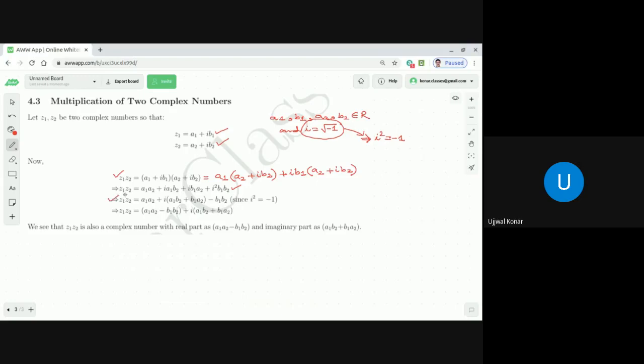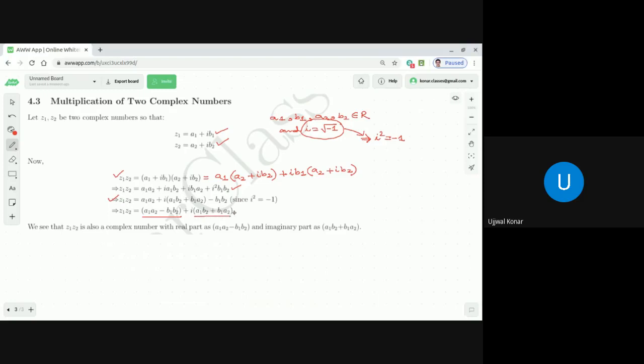After that, what we did is we clubbed the real part together and clubbed the imaginary part together. If we club the real part together, we get A1 A2 minus B1 B2. And if we club the imaginary part together, what we get is A1 B2 plus B1 A2.